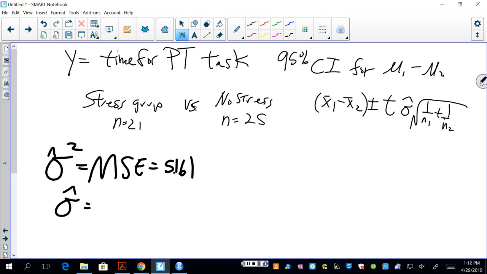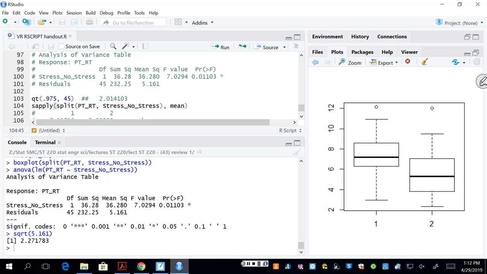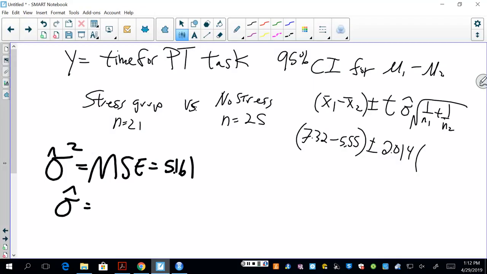And these numbers are 7.32 minus 5.55, plus or minus the 2.01 cutoff value we looked up. And this sigma is the square root of that thing. So I compute that, 2.27.